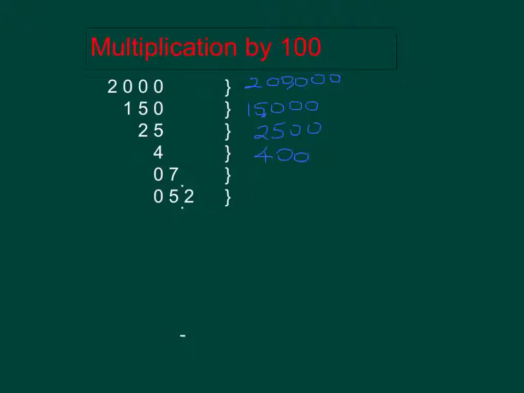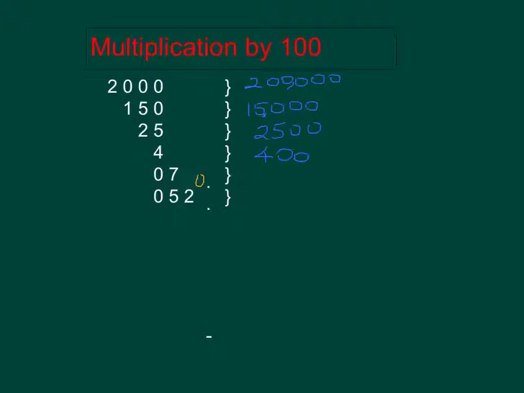Okay, and then we get to the decimal point. Now, this is what happens here. The decimal point moves once for 10, twice for 100. What that's done is it's left a gap after the 7, and we can fill that in now with a 0. Because we have to have a number or a digit in every single gap.